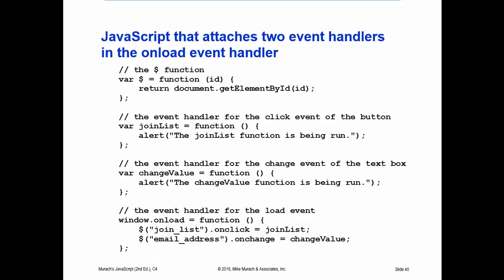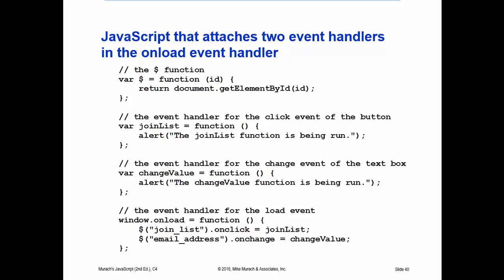All right. The first thing that you see is, again, we use that alias up on the top. So what we're saying is anytime you use a $ sign, treat it as though we did a return of document.getElementById. All right.